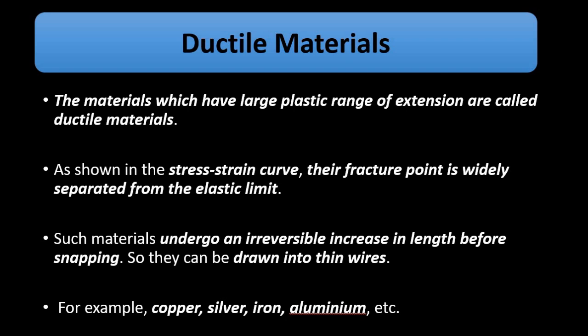One major characteristic of a ductile material is that the gap between the elastic point, remember, it is the point up to which there is temporary deformation only, the maximum stress which the metal can withstand without permanent deformation, and the fracture point, which is the point where it snaps, it breaks.